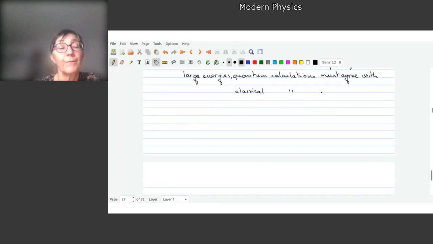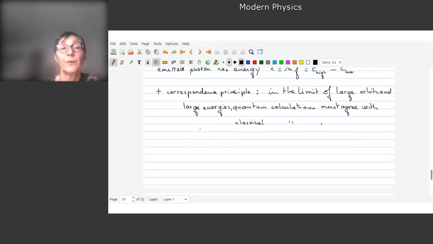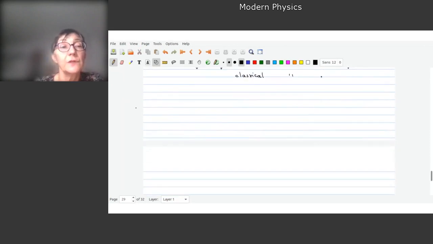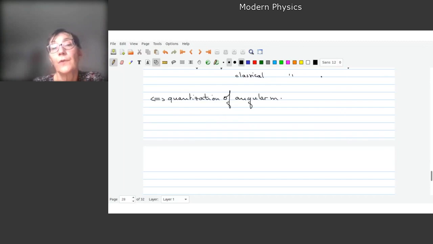A few years later, Bohr discovered that this correspondence principle was equivalent to saying that you had quantization of the angular momentum of the electron orbiting.